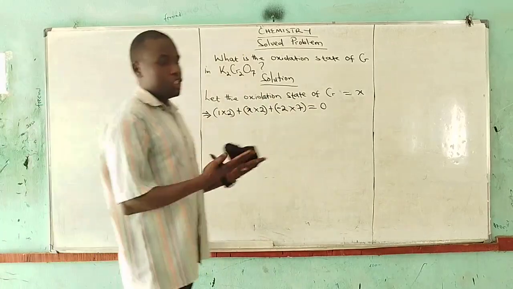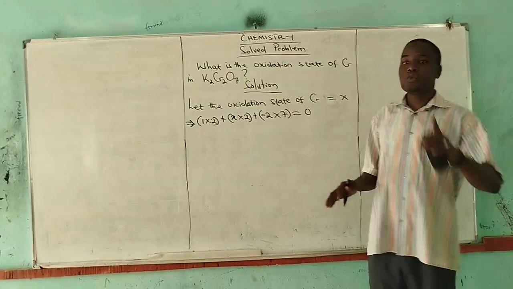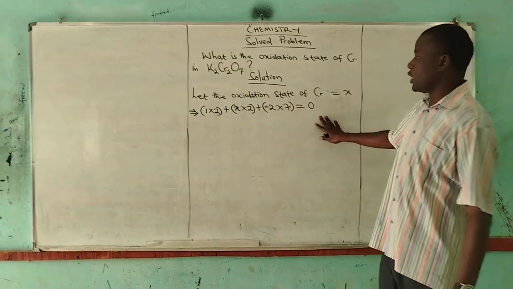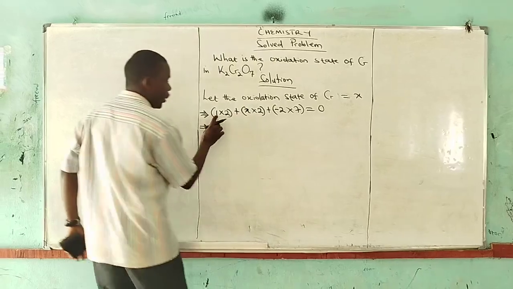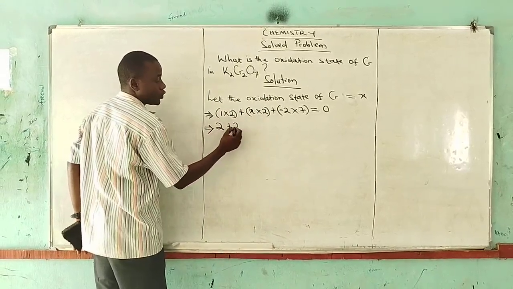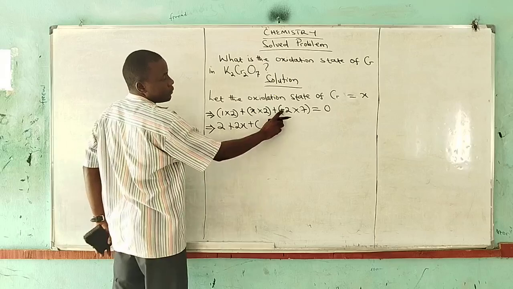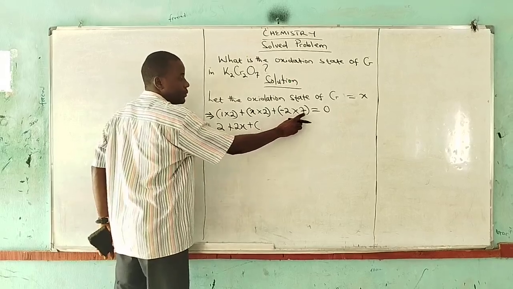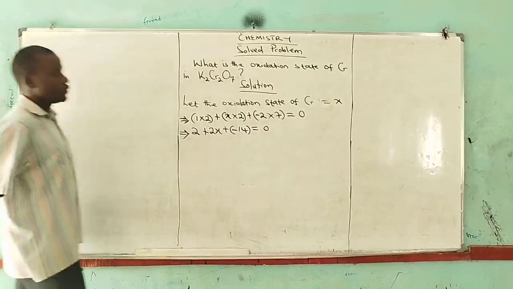Idan muka tara oxidation numbers na atoms na element da ke cikin neutral compound za mu samu 0. So 1 times 2 is 2, plus x times 2, 2x, plus -2 times 7, we have -14, which is equal to 0.